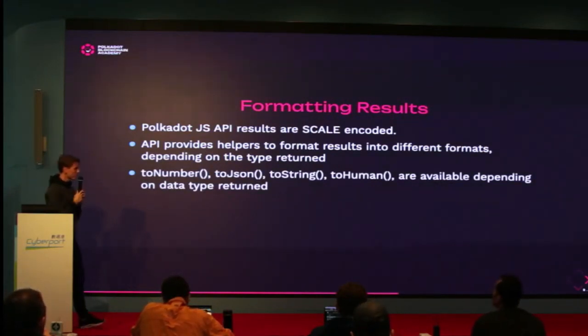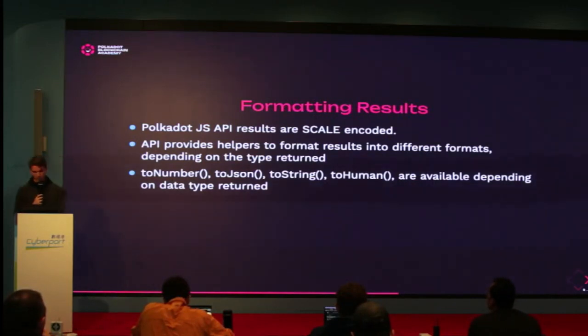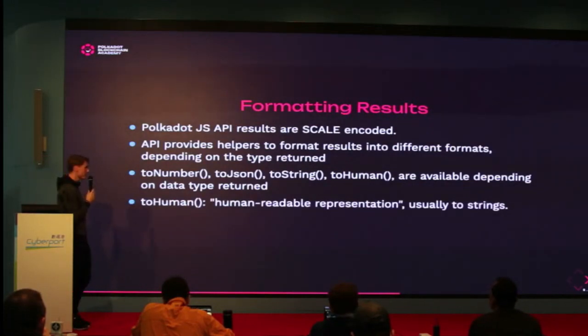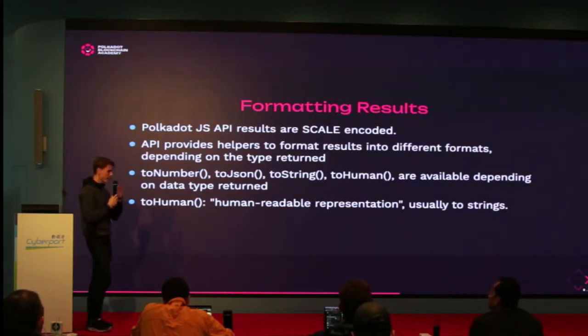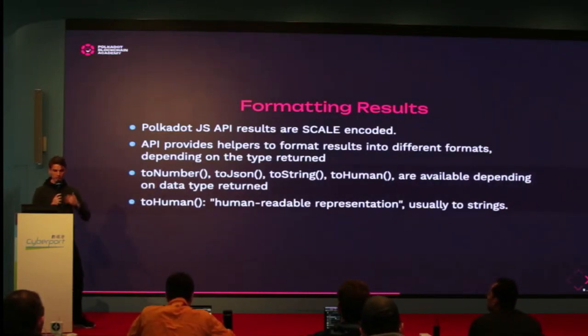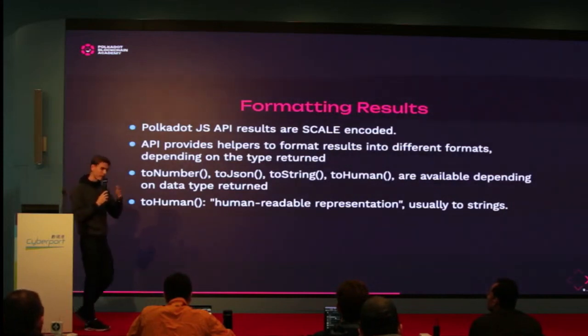And then there's a weird one called toHuman. These are all available depending on the type returned. toHuman is like a human-readable representation. This is what the docs state. So usually toHuman formats results to strings. If I wanted to format a number using toHuman, it would probably be a comma-separated formatted string.